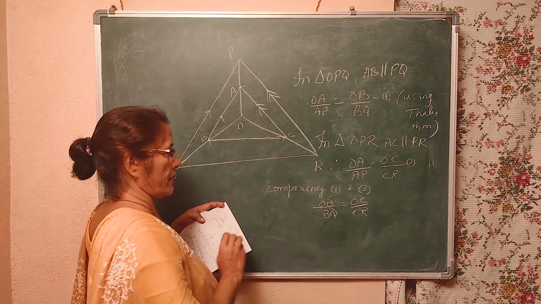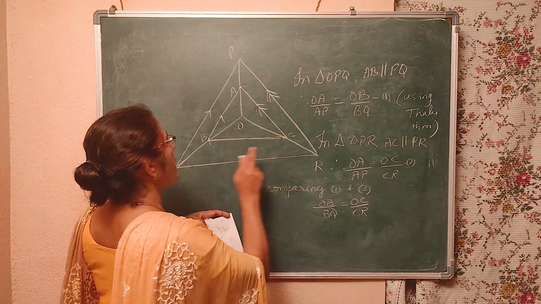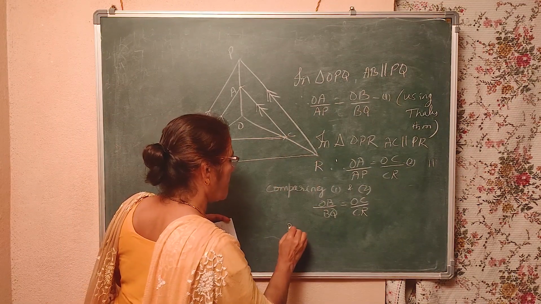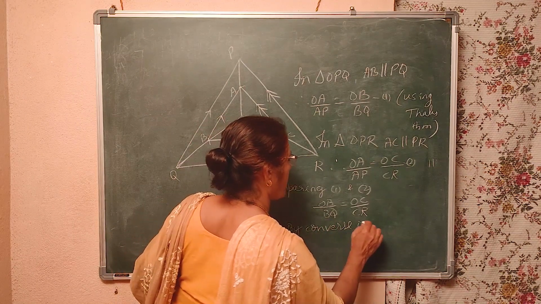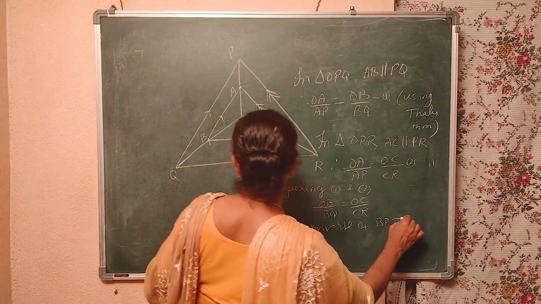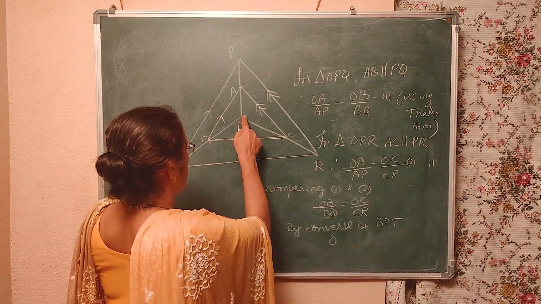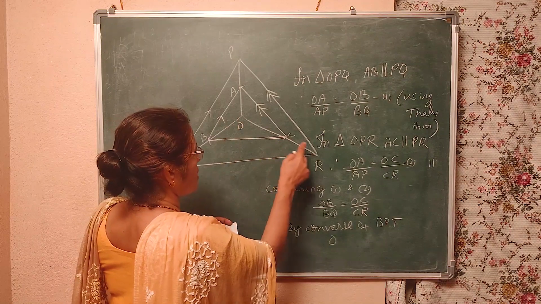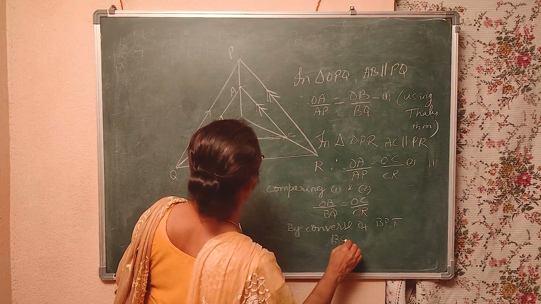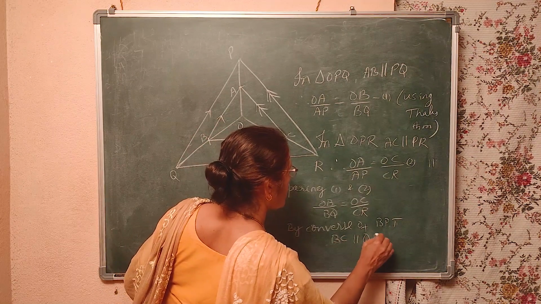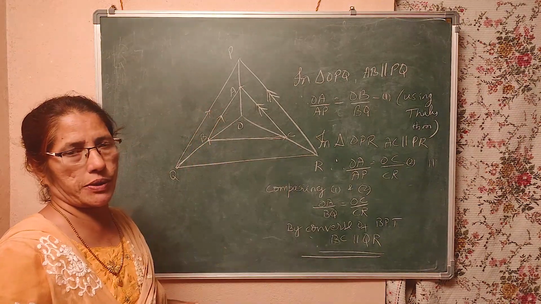Using converse of BPT, OB by BQ is equal to OC by CR, only when BC is parallel to QR. Therefore, BC is parallel to QR. I hope you have understood.